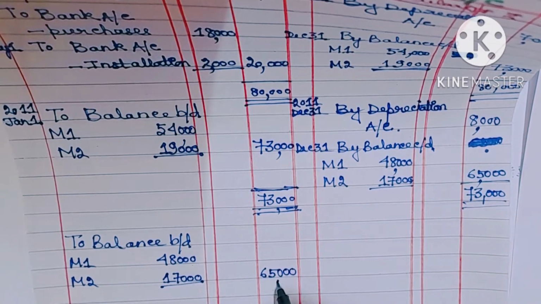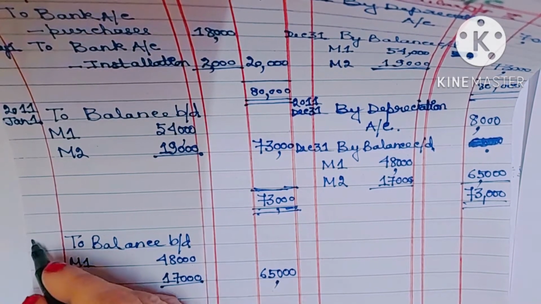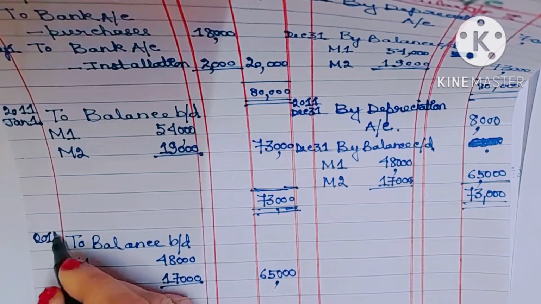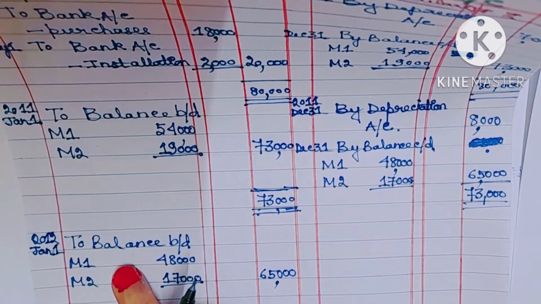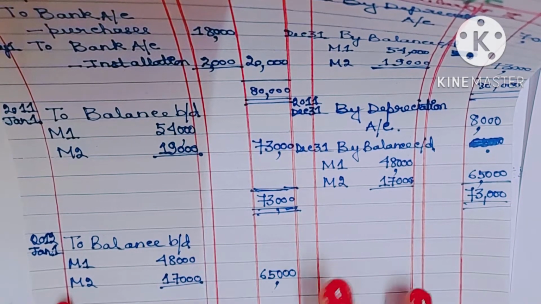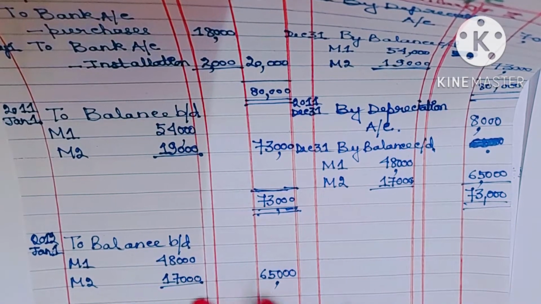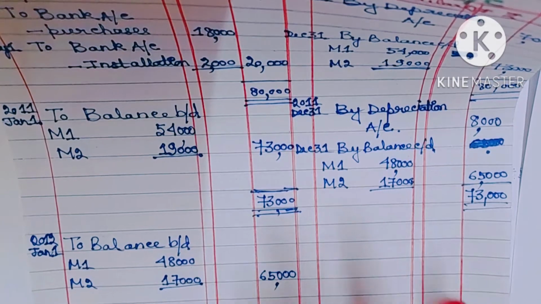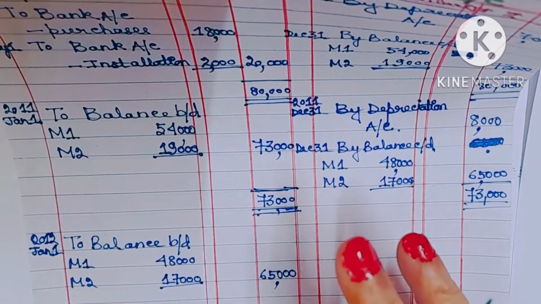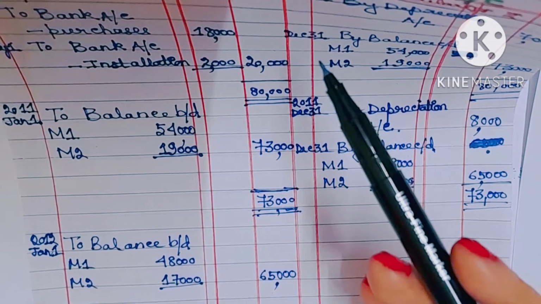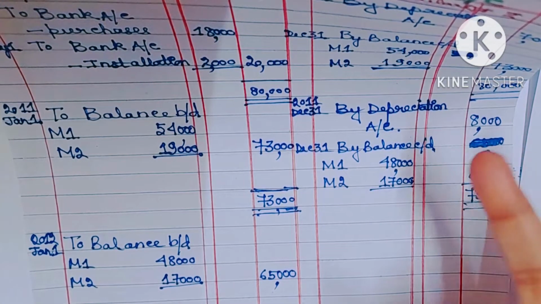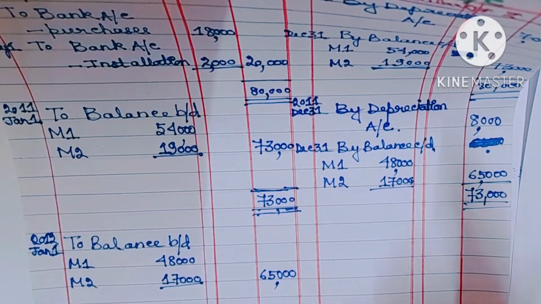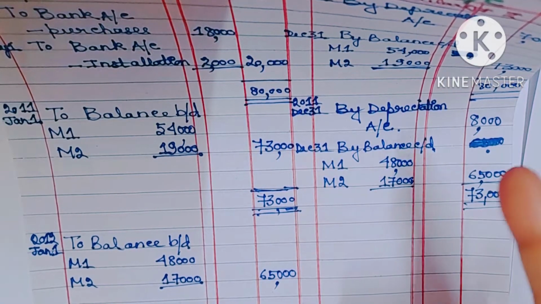So now on 1st January 2012, this is the book value of the first machinery and the second machinery. The first machinery is no more 60,000, because the first machinery has been depreciated twice, in the year 2010 and in the year 2011.